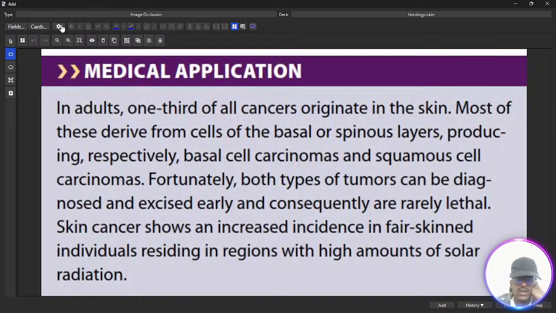So this is a medical application. One third of all cancers originate in the skin.